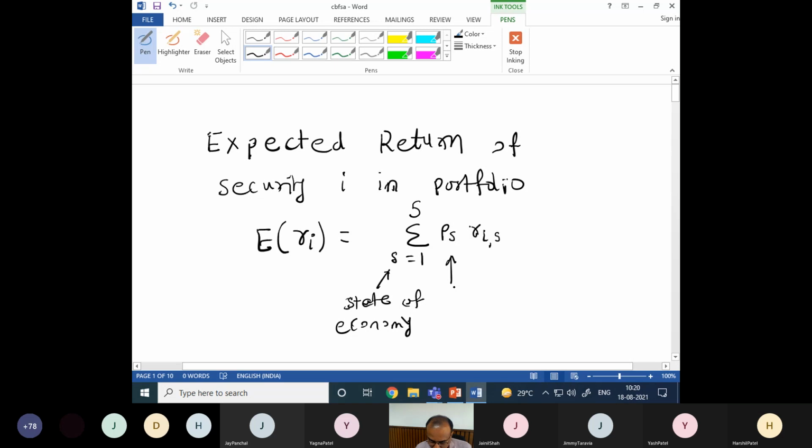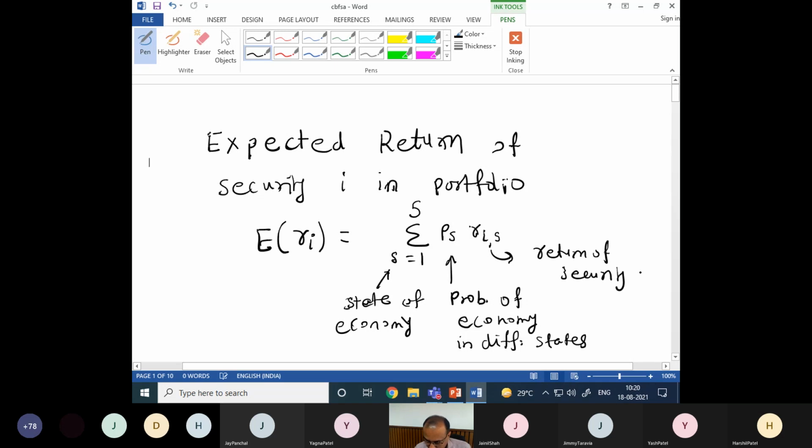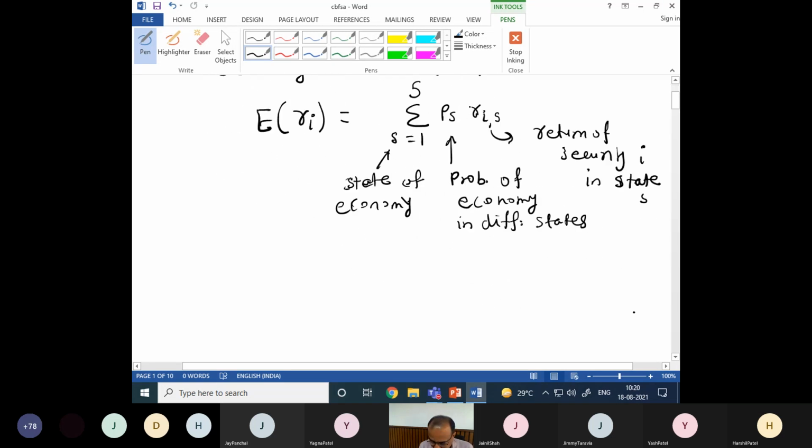This Ps is the probability of the economy in different states, and Ris is the return of security I in state s, if the economy is in state s. So that is the definition of expected return.